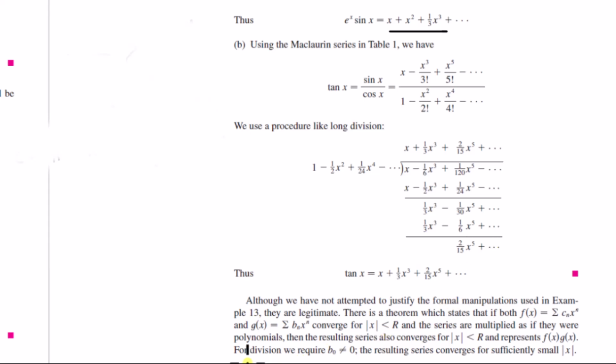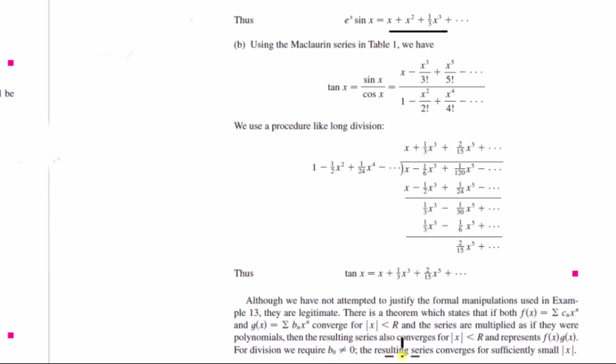And then for division, we require that the first term, the b sub 0 term, be nonzero. What are they talking about there? You're dividing f of x by g of x. So here's the b sub 0, the coefficient on the first term, and it can't be 0. That's a requirement, or you can't do the division.